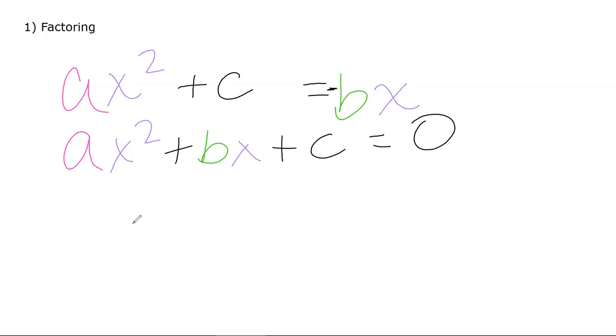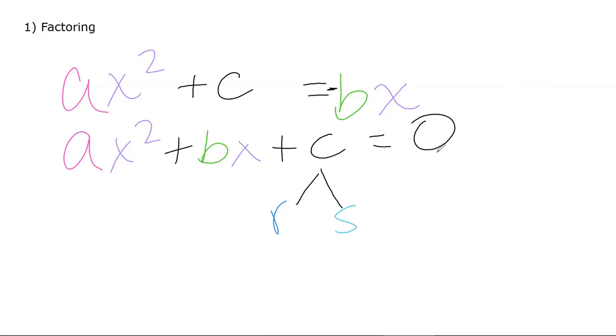Eventually these would be what we call our factors, and using that, we can solve by setting each factor equal to 0. Let's say we have two factors, r and s. When r and s are multiplied together, we get the value of c, and when r and s add up together, we get the value of b.